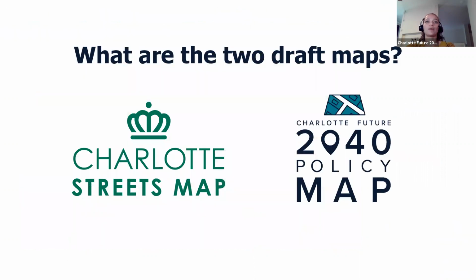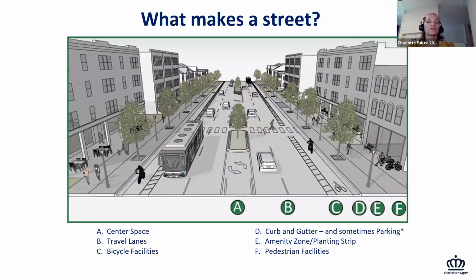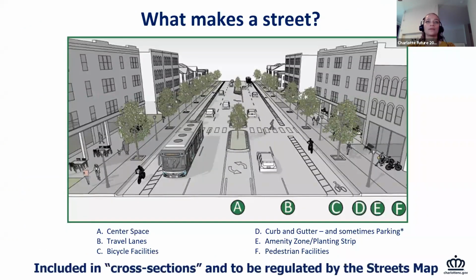So what are the two draft maps? Let's look first at the Charlotte Streets map. Before going into that map, it's important to understand what we mean when we're looking at a street. What we mean is anything between the two building fronts. So building front to building front, that's what we're considering a street.